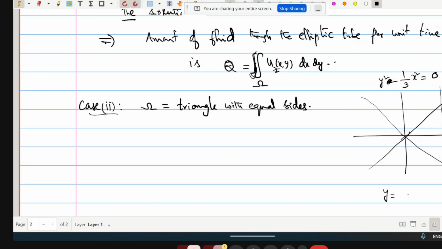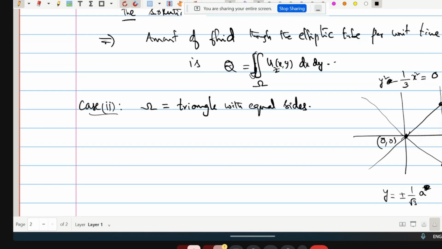Y equal to plus or minus a by root 3. So this is the point a comma a by root 3. This is the point a comma minus a by root 3, and this is the point 0 0, right?